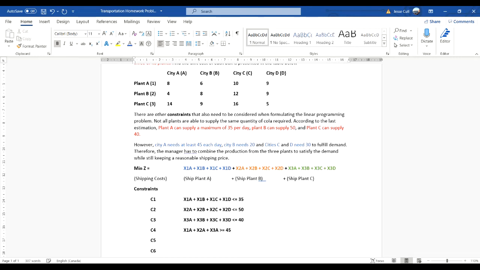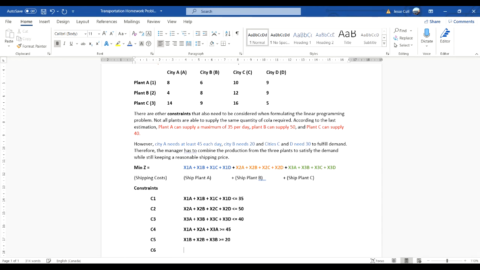We'll repeat that here. City B is X1B, 2B, 3B, must be greater than or equal to 20.